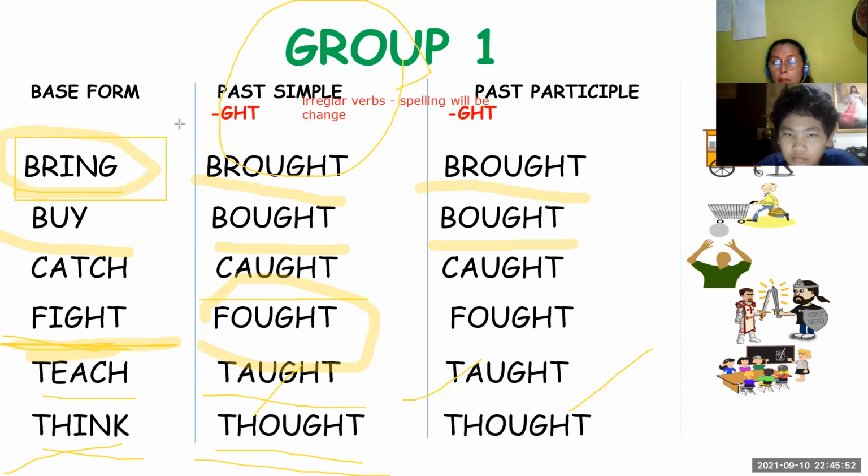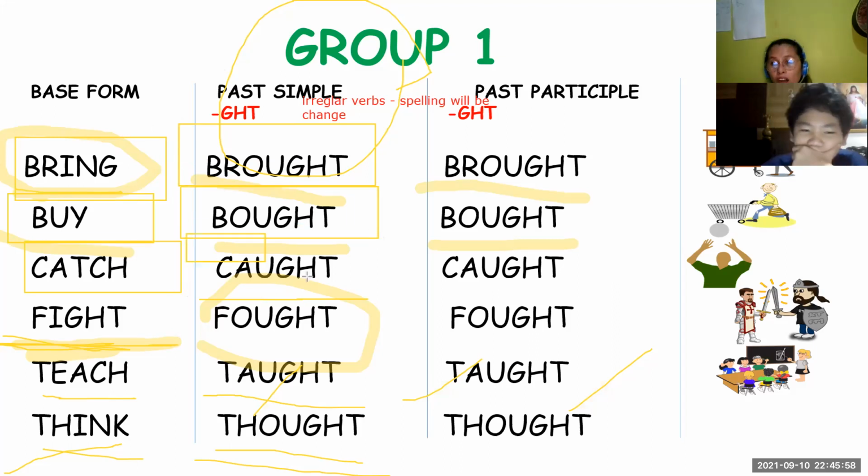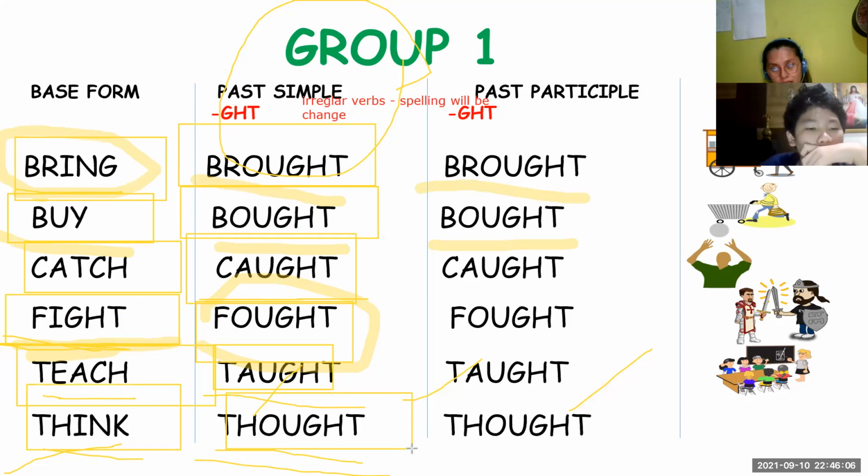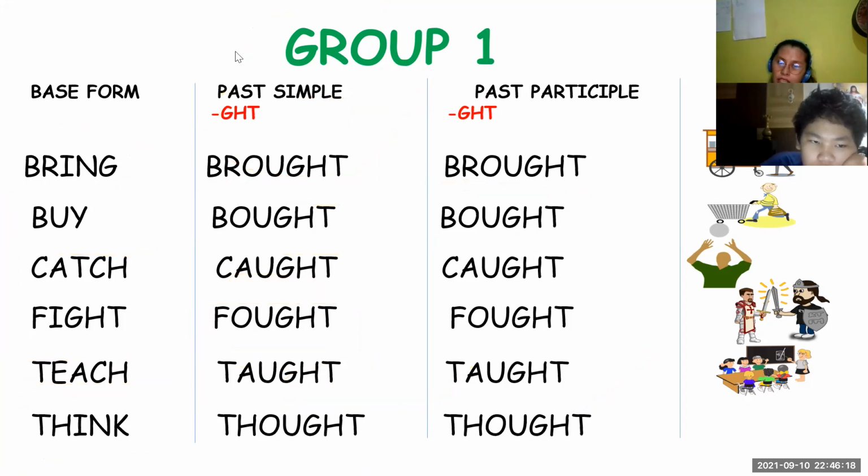So that is brought, buy, bought, catch, caught, fight, fought, teach, taught, think, thought. Okay? So I hope you understand those because I will use that for the drills next meeting. Do you have any question about this?